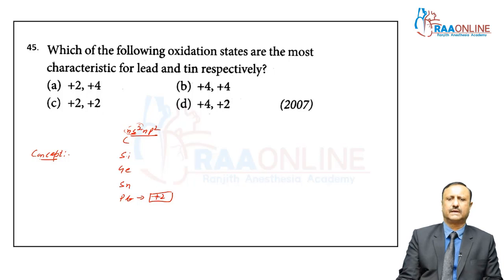So here you can see in lead the +2 oxidation state is more stable than +4. But when you see tin, the +4 oxidation state is more stable than +2, because the inert pair effect is not applied as strongly here. So, my dear students, question number 45, you can go with answer A. Here lead gets +2 and tin gets +4, and these are the most common and stable oxidation states, and this is due to the inert pair effect.